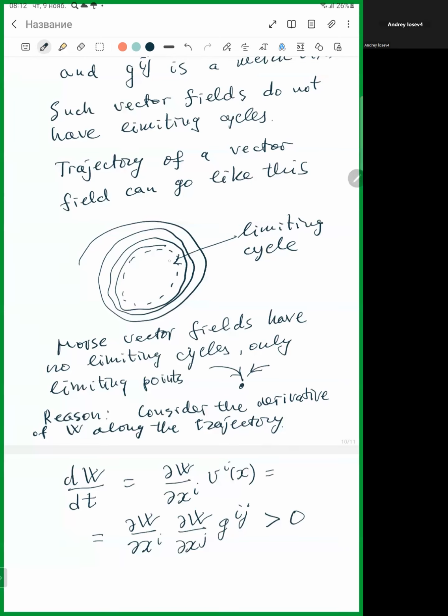So trajectory cannot make rounds. So limiting cycle is impossible.